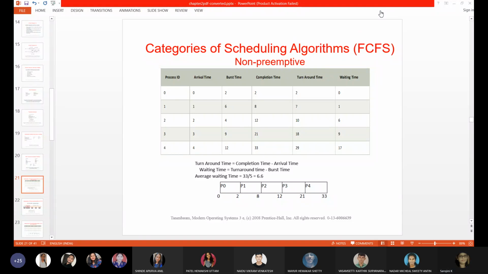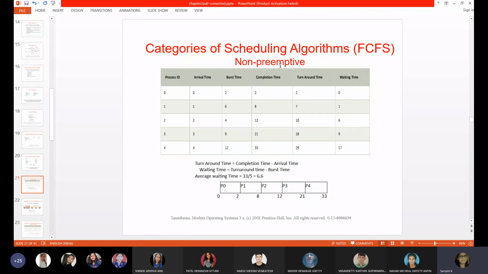During last lecture, we discussed the FCFS scheduling algorithm. That algorithm is non-preemptive. That means once any process started to use the CPU, before completing its execution, the process cannot be evicted from the CPU.